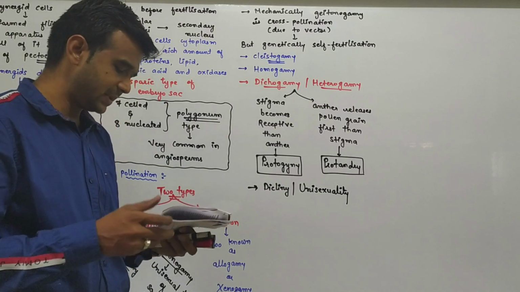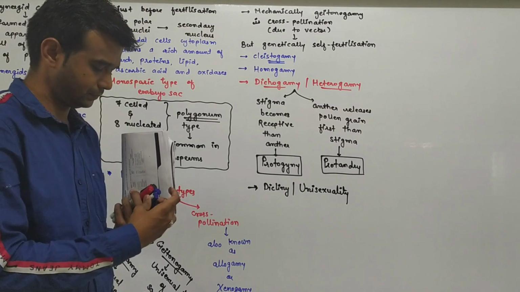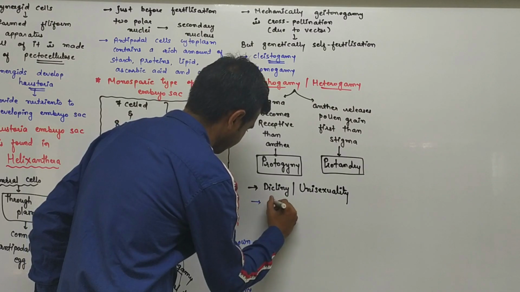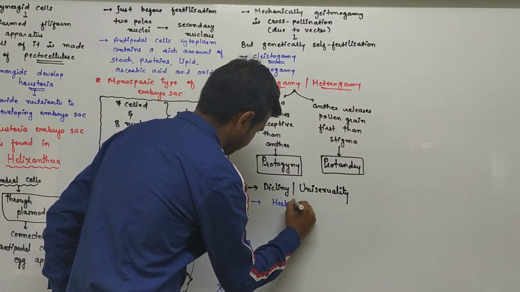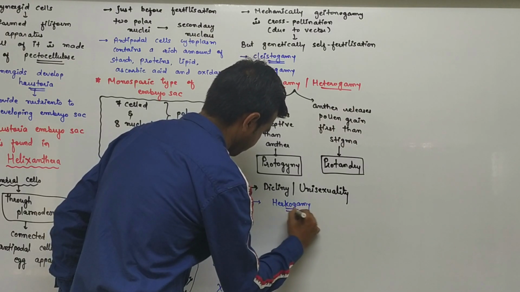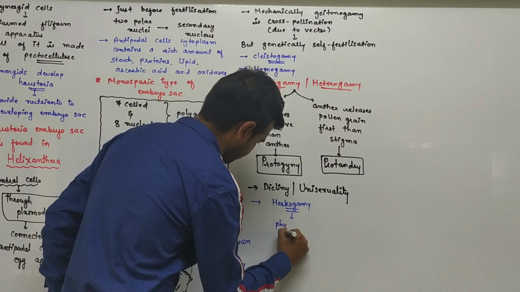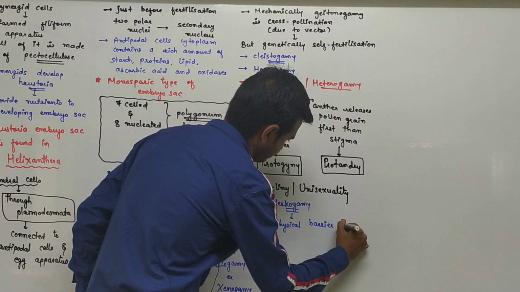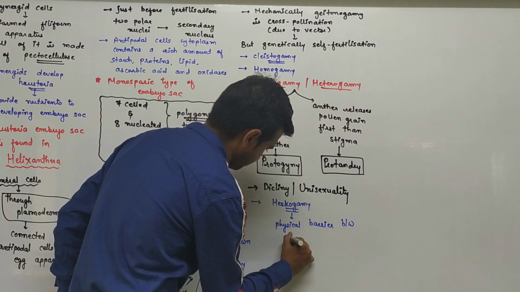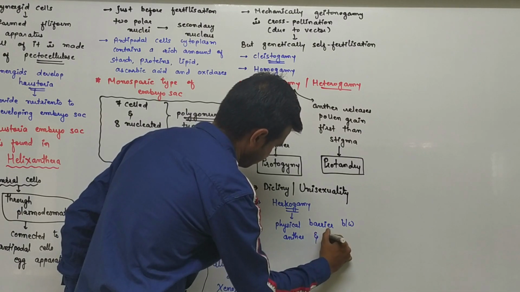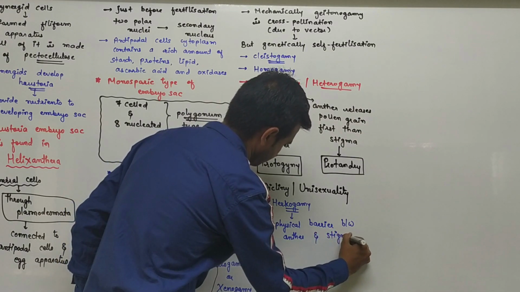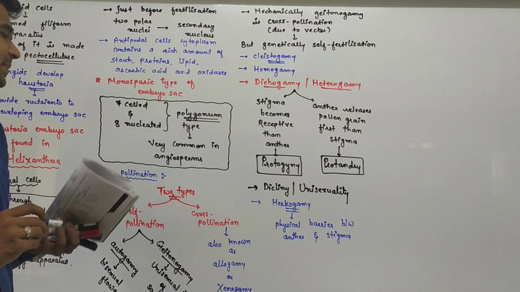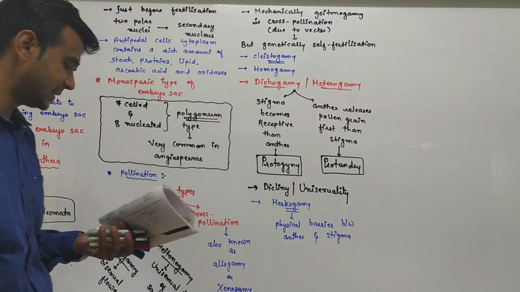Now, hercogamy. In some plants, a physical barrier is there in between the anther and stigma.